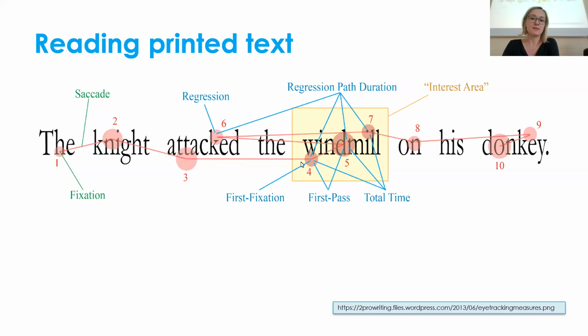That would be fixations number 4 and 5 altogether. We can analyze the total time, that would mean the duration of all the fixations in this word, and that would mean we're interested in something else than when we look at the first fixation duration. And we can also be interested in regression path duration, which also includes the backward saccade here.